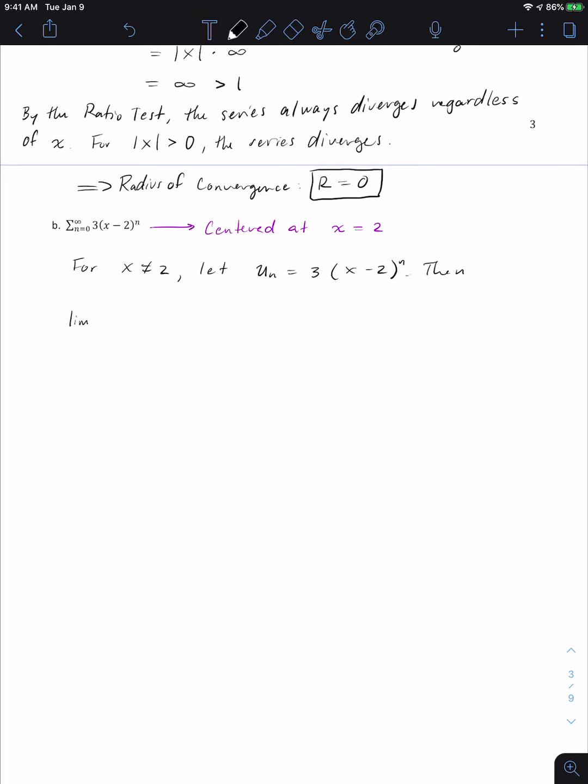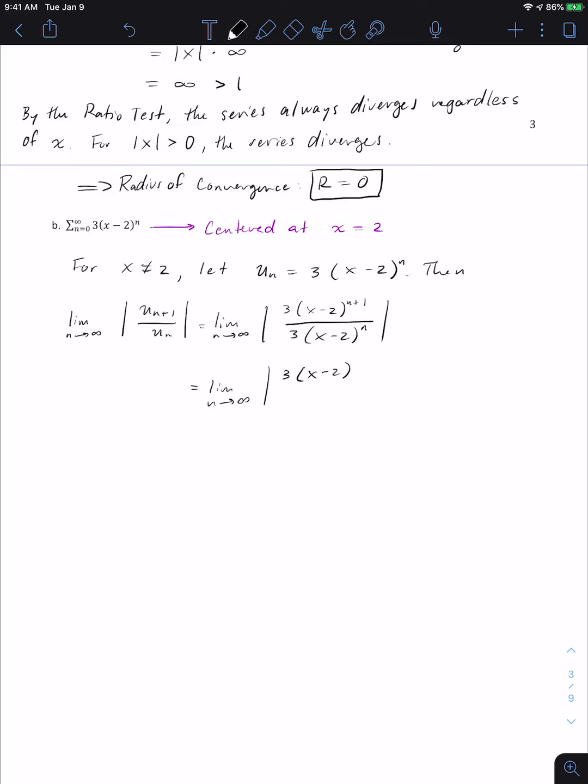So the limit as n goes to infinity of u sub n plus 1 over u sub n is equal to, now I plug in our values, 3 times (x minus 2) to the n plus 1 power over 3 times (x minus 2) to the n power. Remember, anytime I have n plus 1, I'll rewrite it this time, but then we'll start getting used to not rewriting it to save ourselves a little bit of time.